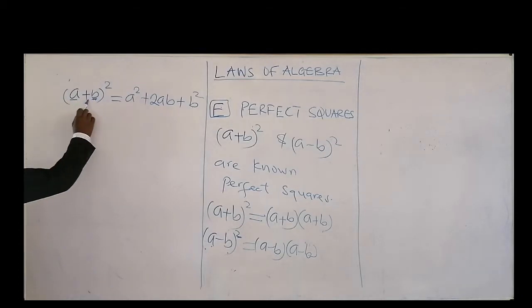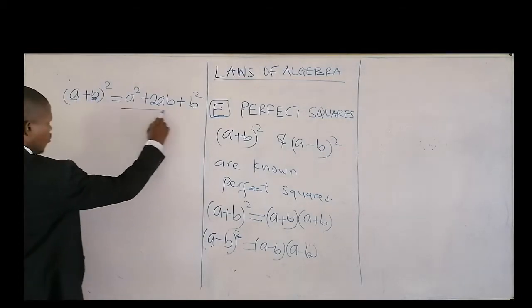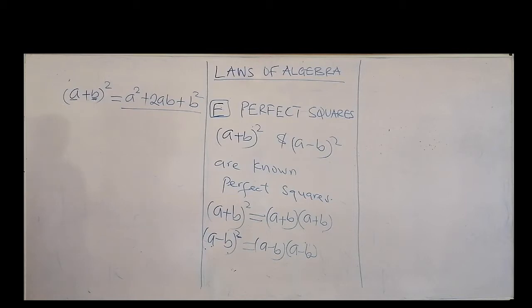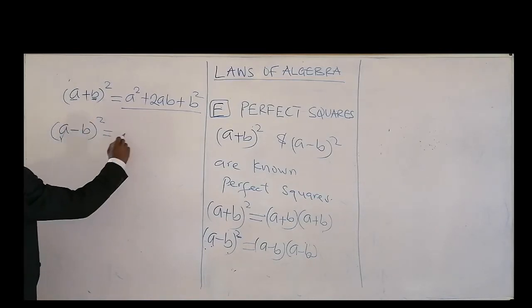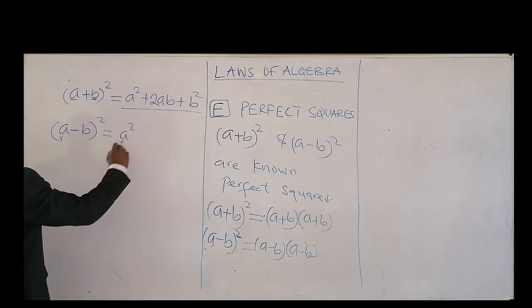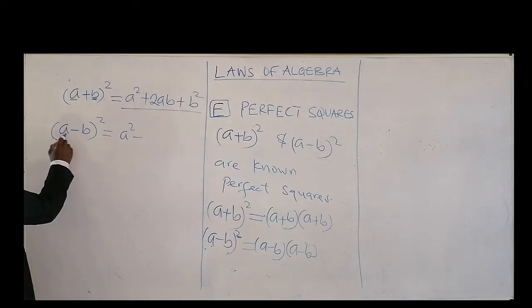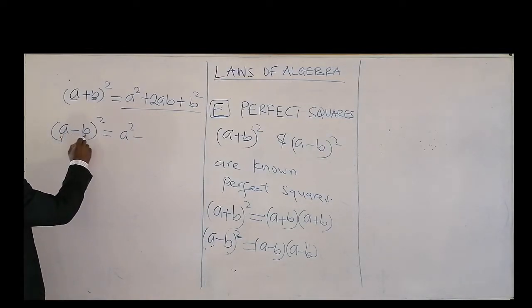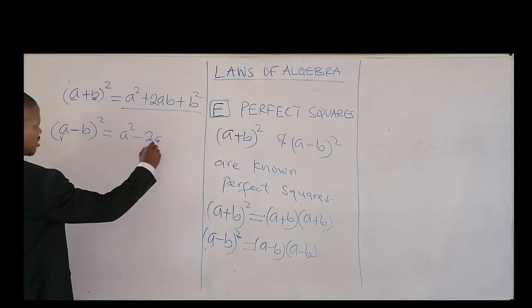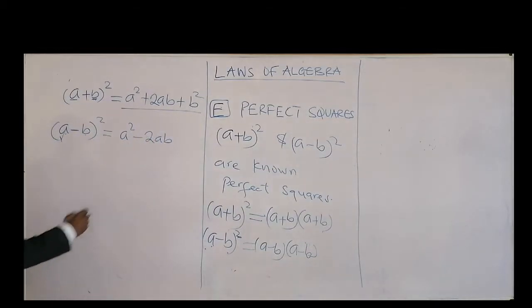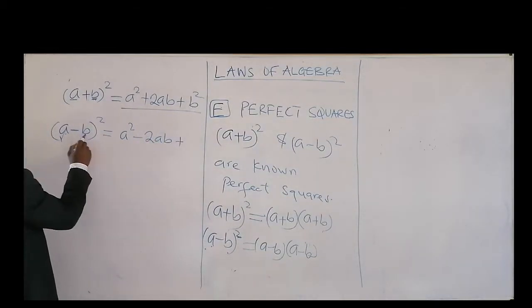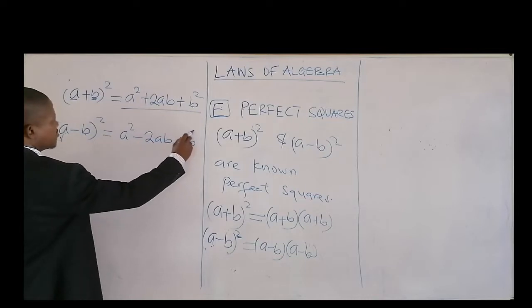If you're having plus in between, the whole expression will be positive. For the case of negative, the first item is squared, then minus this times this, that's ab, then times 2, then plus the last one squared.